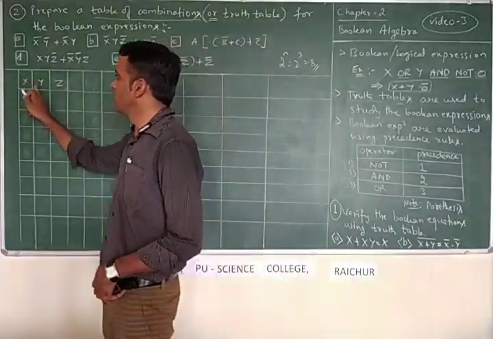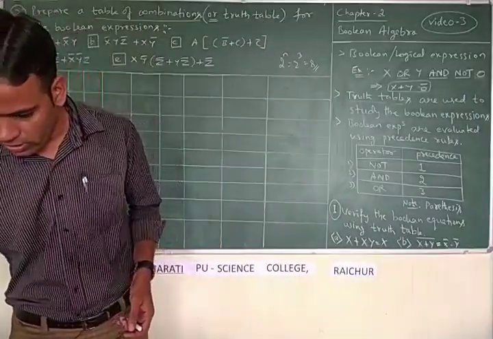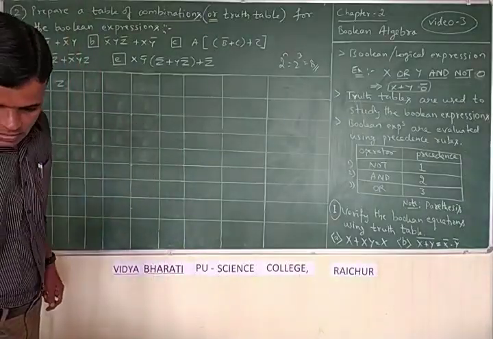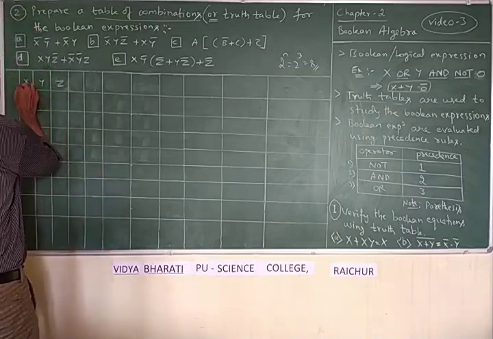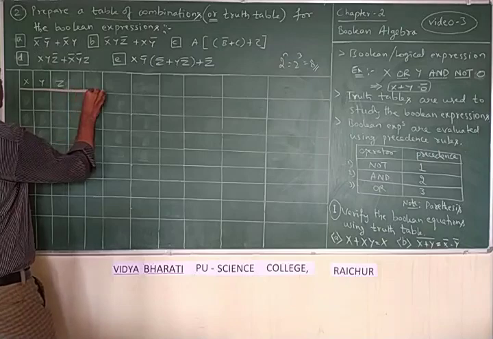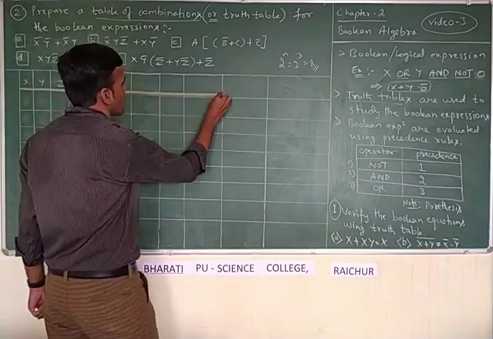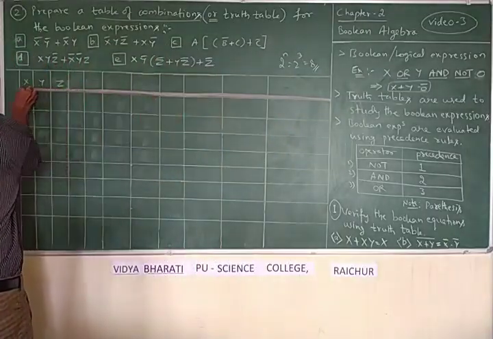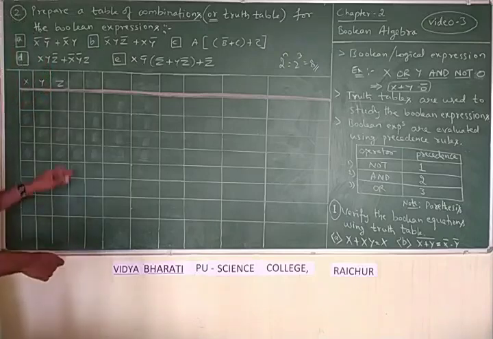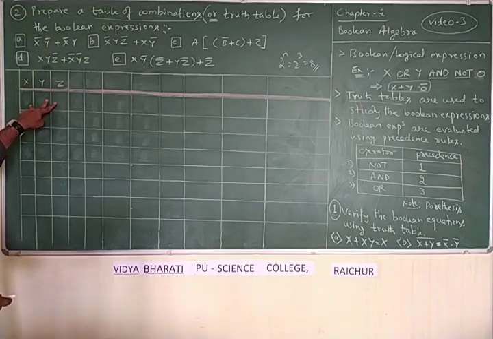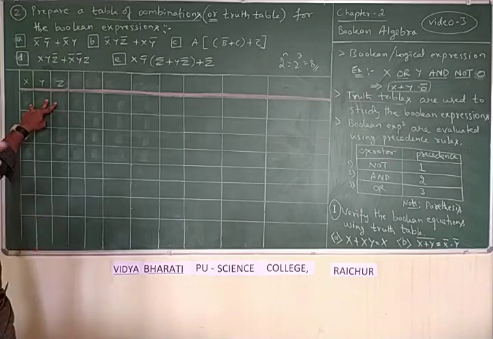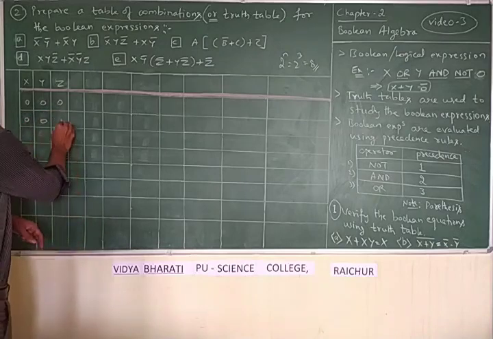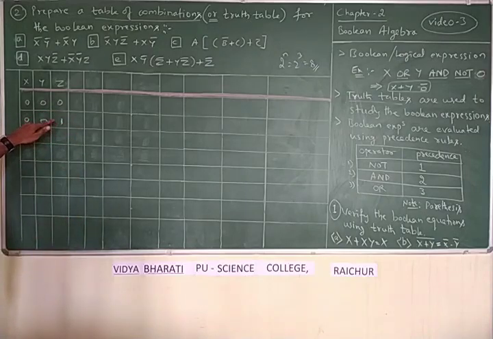Now these are the x, y, z. I told you to write the combinations of zeros and ones in the increasing order of their decimal equivalents. So first you write the combination which is equivalent to decimal 0, triple 0. Then 001, the binary equivalent of decimal value 1.